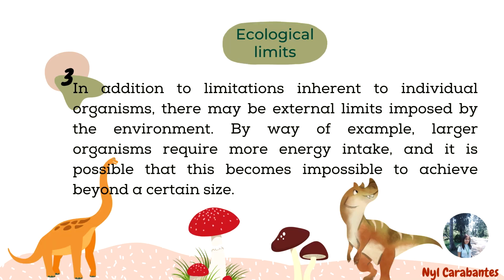Third, ecological limits. In addition to limitations inherent to individual organisms, there may be external limits imposed by the environment. By way of example, larger organisms require more energy intake, and it is possible that this becomes impossible to achieve beyond a certain size.